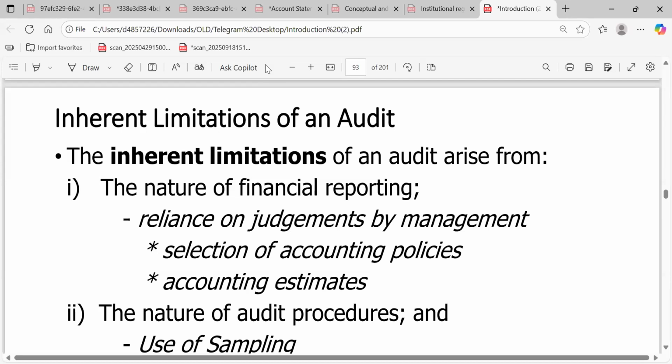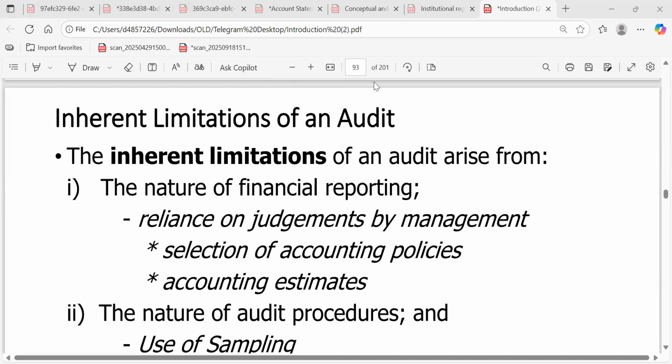So because of these estimates and judgment that are involved in financial reporting, there's a likelihood for the financial statement, when prepared by the accountant, to limit the auditor in a way. Because what so much can the auditor do if the entity decided to use straight line method in terms of its depreciation?